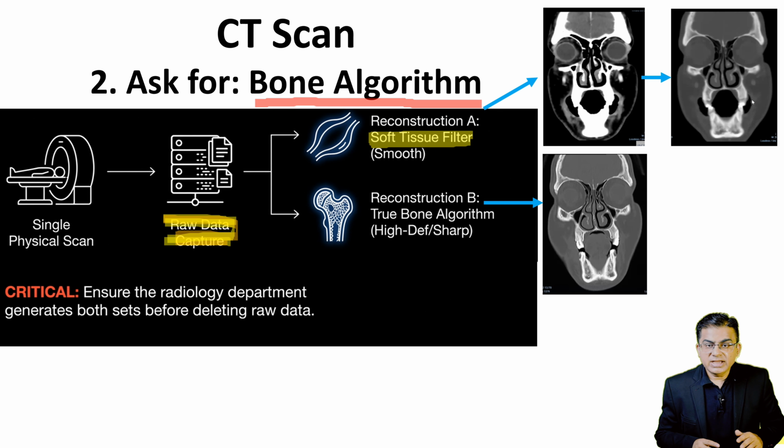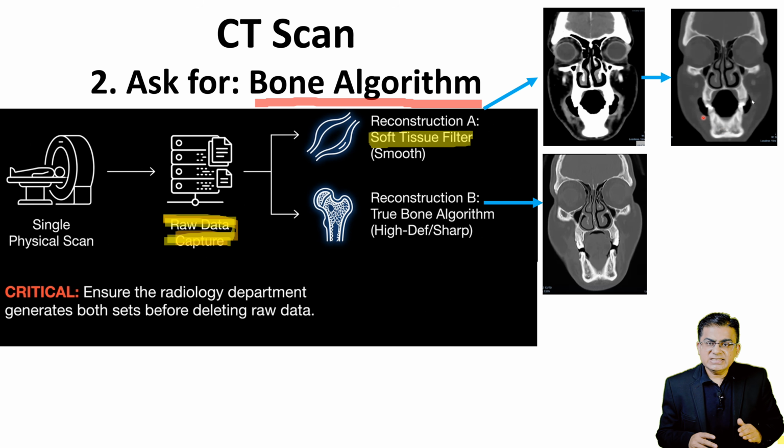You are not looking at a true bone window. Clicking that bone window button just changes the brightness and contrast on your monitor. The underlying images are still blurry. If you rely on that button, you will miss early bone erosion and understage your patient.